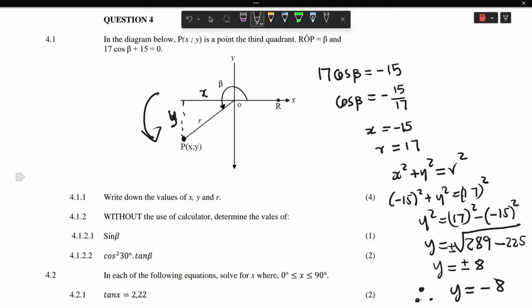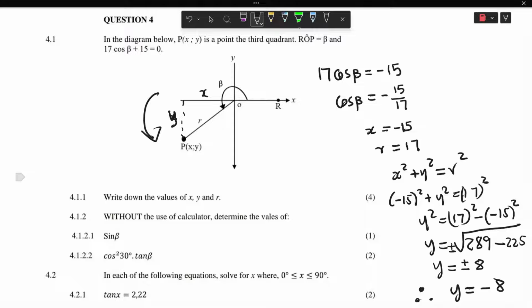I hope now it's clear. Yes, so you take the one which is negative, because these things are on the negative side.